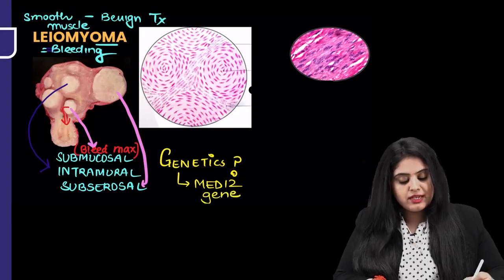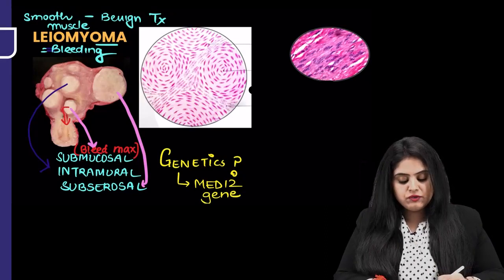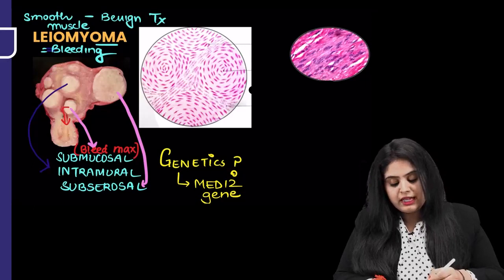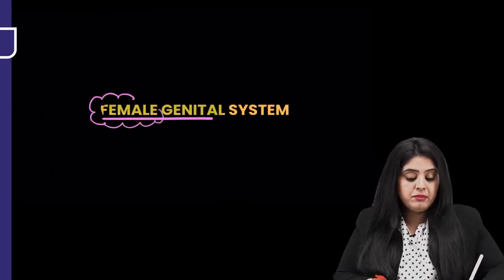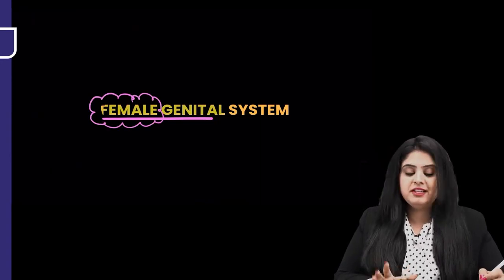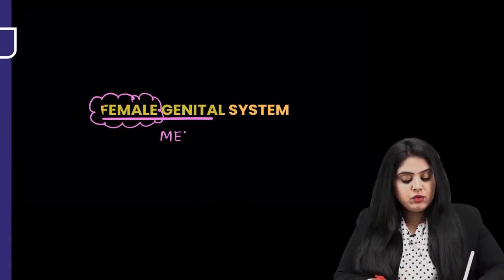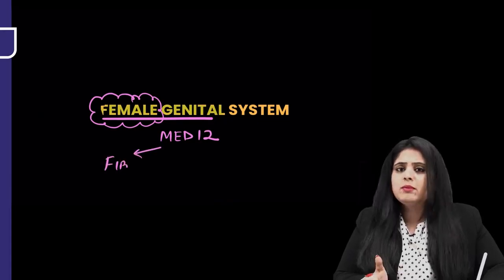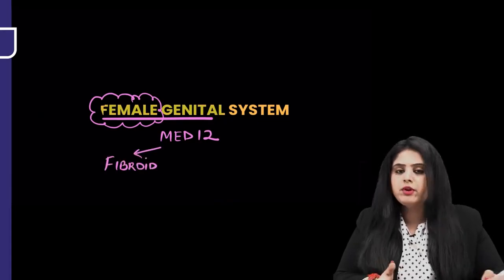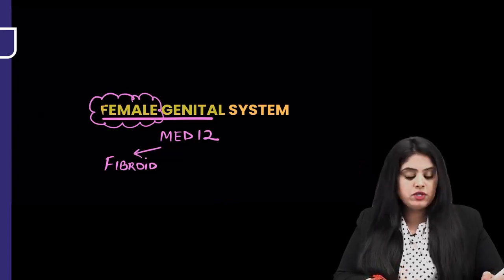MED12 gene mutation. Let me tell you something about MED12, which is very, very famous. Please note that not only in the female genital tract, but anything to do with females, the F things, everything that is to do with MED12 is going to be F. What is leiomyoma? Leiomyoma is a fibroid. Now, the fibroids show MED12 mutation.